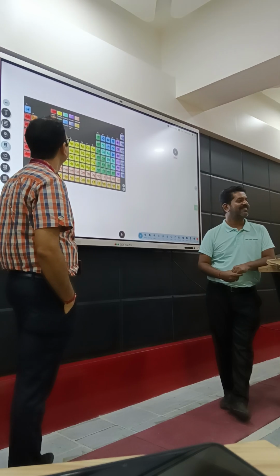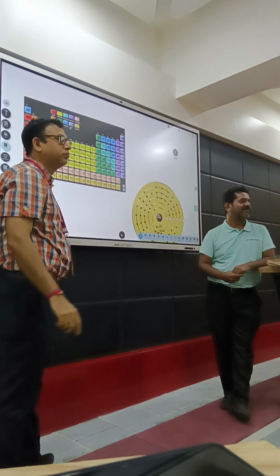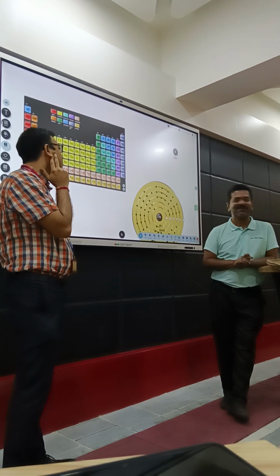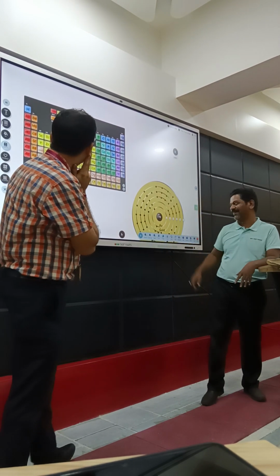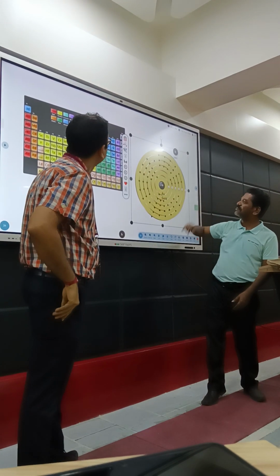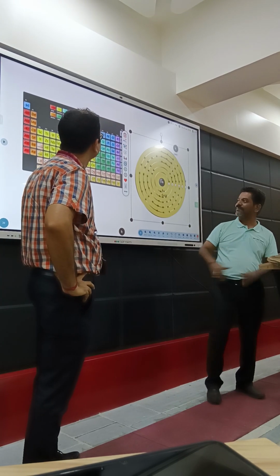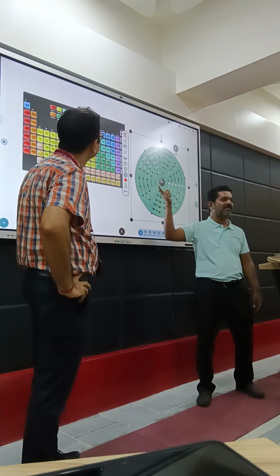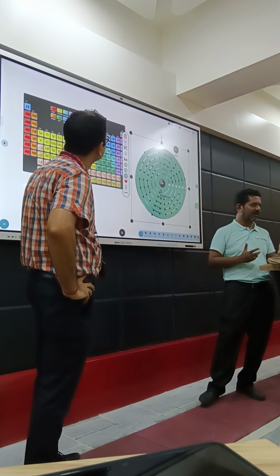AU is the gold. AG is silver, AU is gold. Okay. Yeah. So if I move, accordingly the color code will also change based upon the nature of the element.